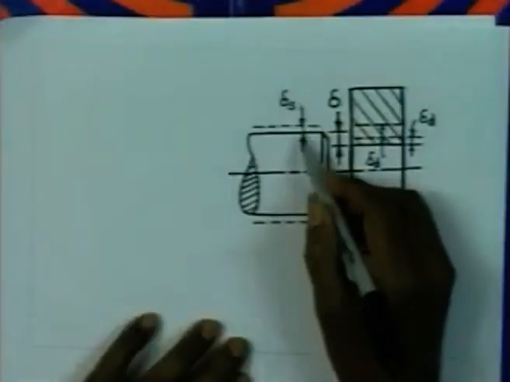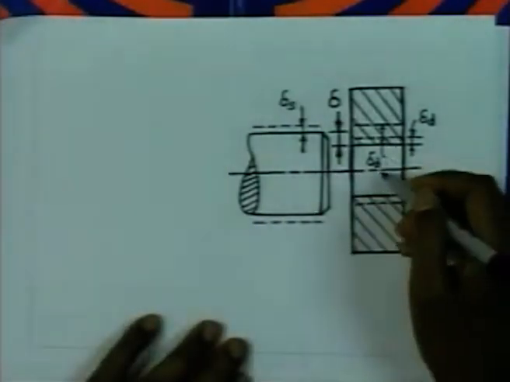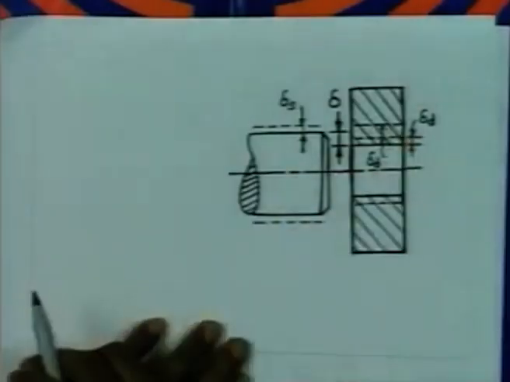So, what is needed is that you are given the initial interference, you calculate the increase in radius of the shaft due to rotation, and also calculate the increase in inner radius of the disc due to rotation.